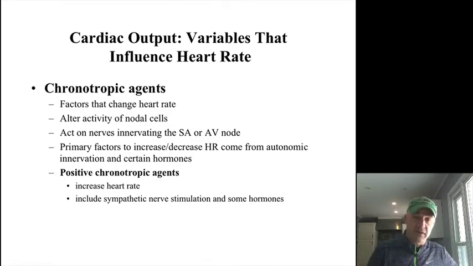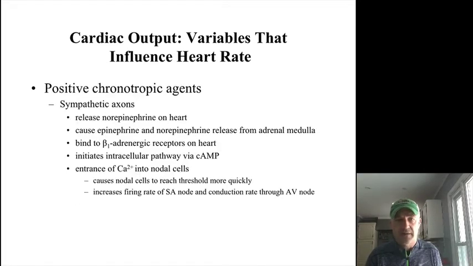Sympathetic stimulation of the heart is a positive chronotropic agent. Epinephrine and norepinephrine released by the adrenal glands are positive chronotropic agents. Obviously, it can be drugs injected into you that are also positive chronotropic agents, but we're keeping it to normal physiology.